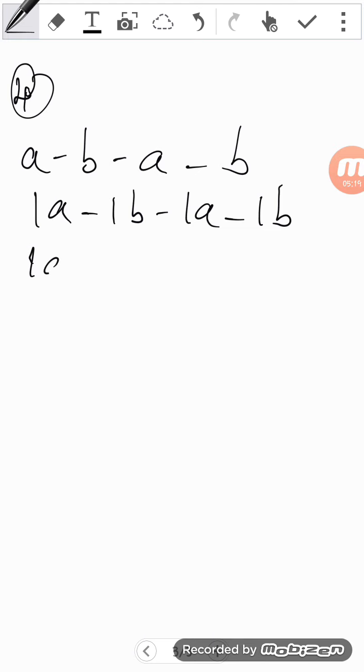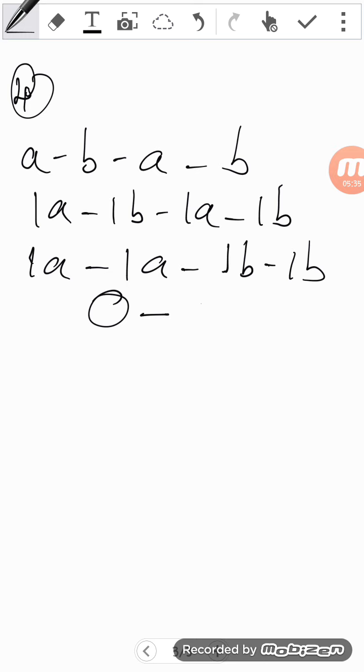For this one, it's just 1a minus the other 1a minus 1b minus 1b. Now, if you want, you can remove the ones. I'm just including them for the sake of accuracy. Now, 1a minus 1a, you'll be having 0. But same signs, you will add this side, and if you add, you'll be having a negative 2b. Now, since 0 is negligible, if you hide the 0, your answer will just be negative 2b.